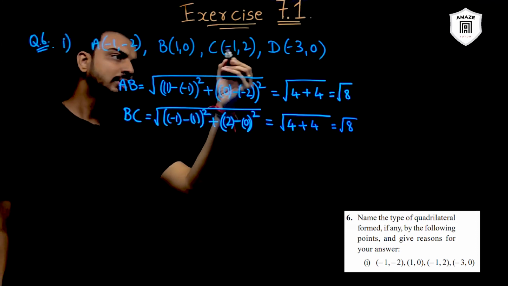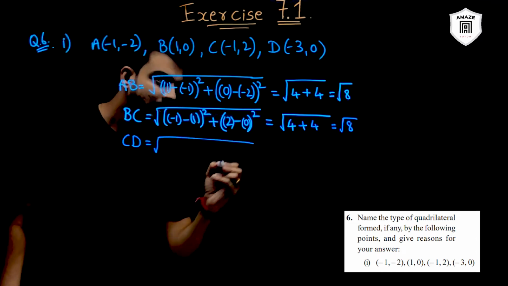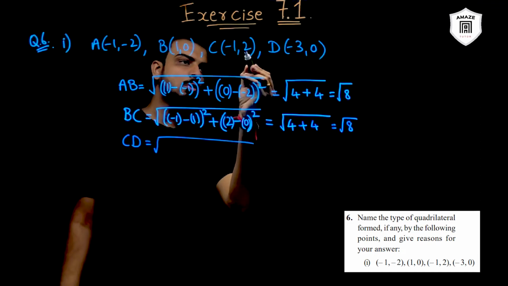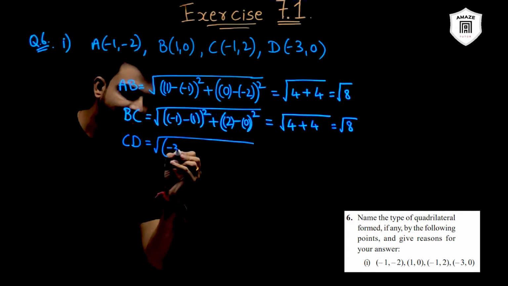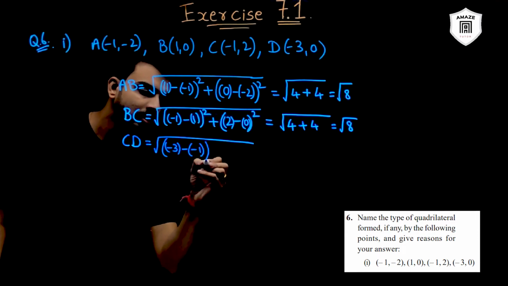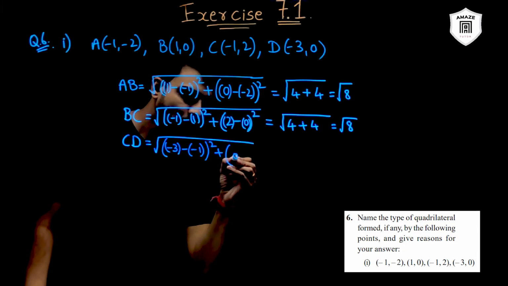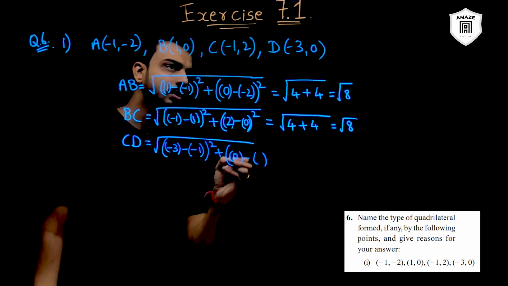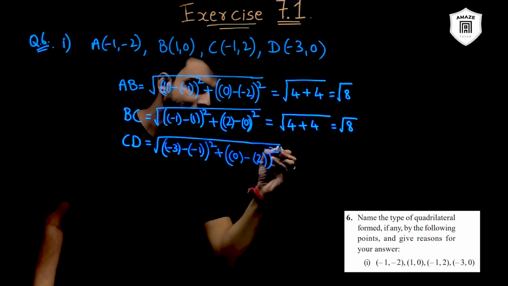Now let's go for the third side, CD. Similarly, let me write down quickly x1 comma y1 and x2 comma y2. So -3 minus of -1. -3 is x2, minus x1 is -1, the whole square, plus what is y2? 0 minus what is y1? 2 the whole square.